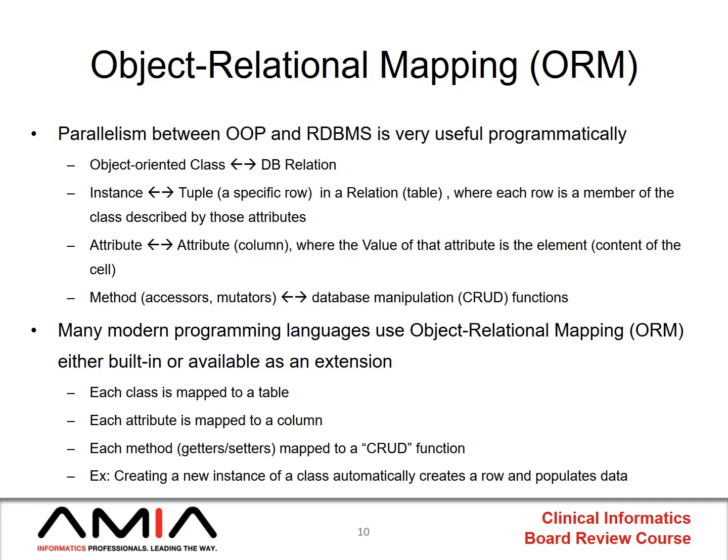It's simple to stick this ORM computer program in the middle, where as soon as I create a class, the ORM will automatically create a relation in the database. As soon as I populate it with an instance of the class, the ORM will automatically create a tuple in the relation. And as soon as I start using my getters and setters in my class, those are mapped automatically to the CRUD functions in the relational database.